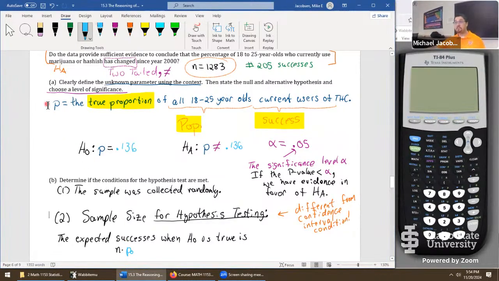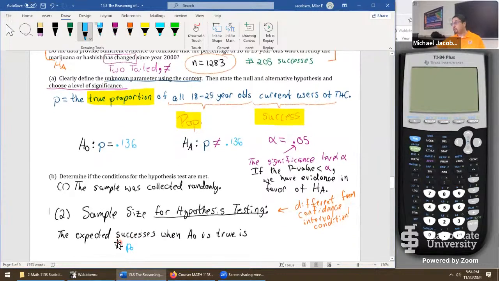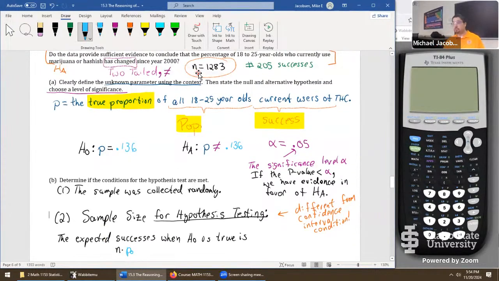Not this P. This is the unknown. We don't have a value for it, but we do have a value from this. It came from the historical data in year 2000, I think it was. So we take n times that P naught value. N is at a sample size 1283. So that's multiplying 0.136.